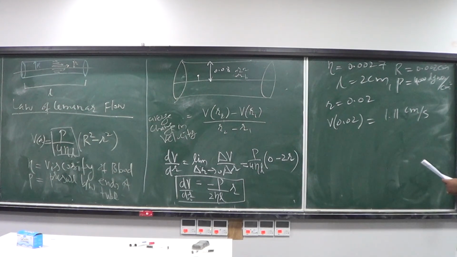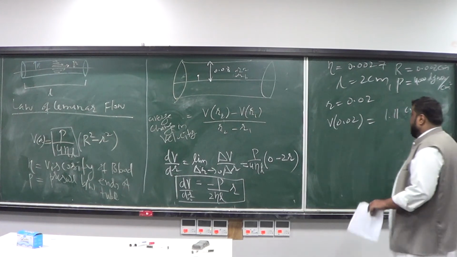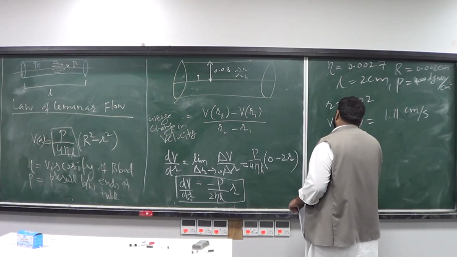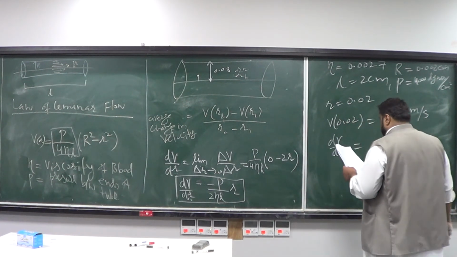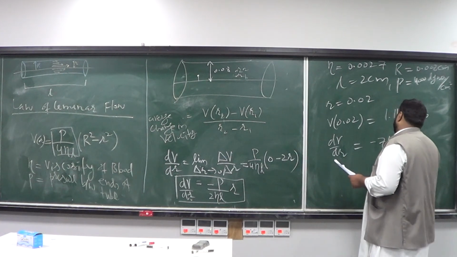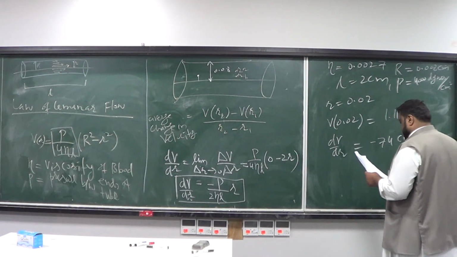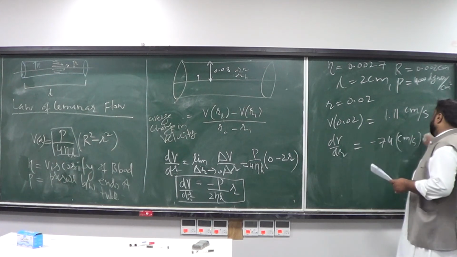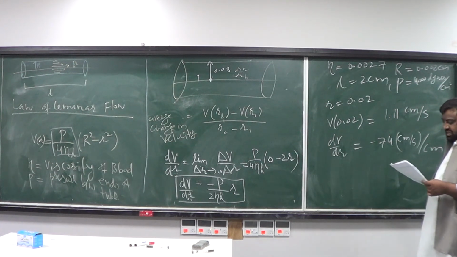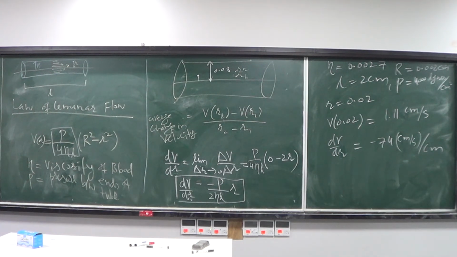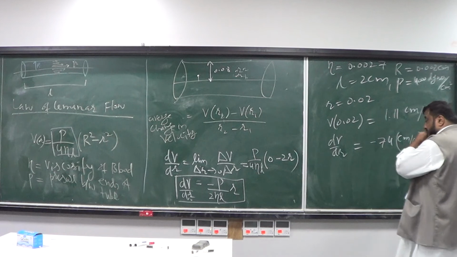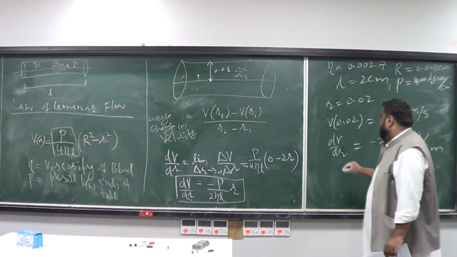And the velocity gradient, dV by dr, by substituting the values, you're going to get minus 74 centimeter per second per centimeter. So what would be the interpretation of this?